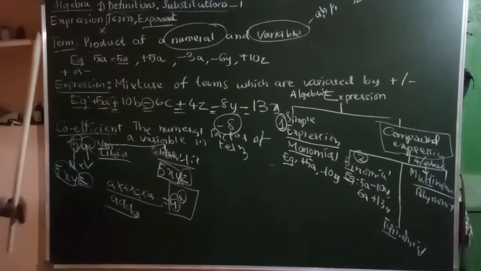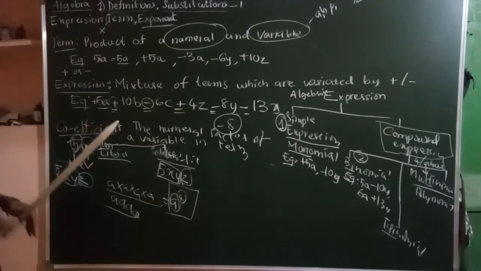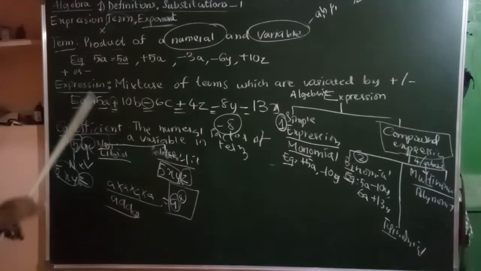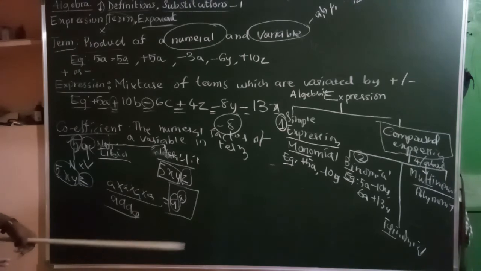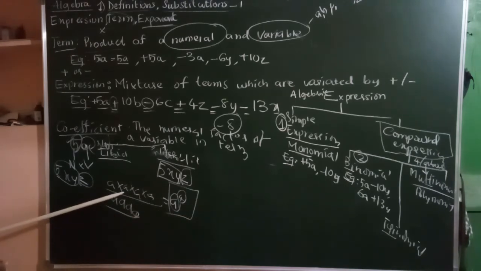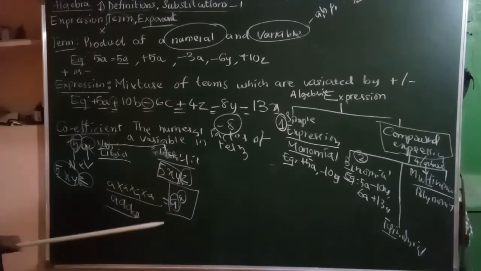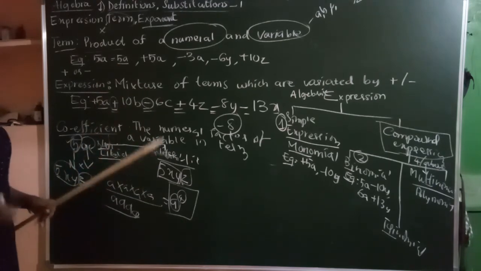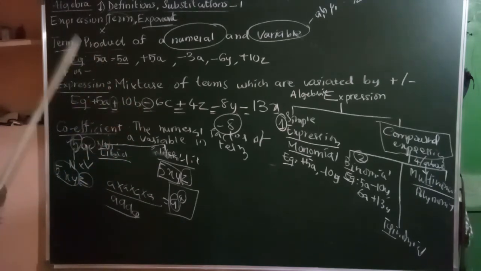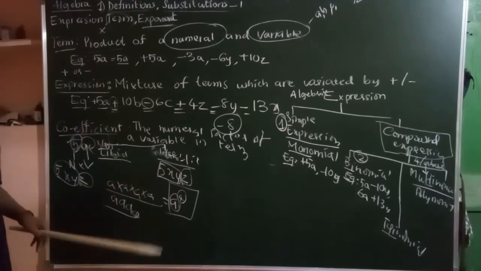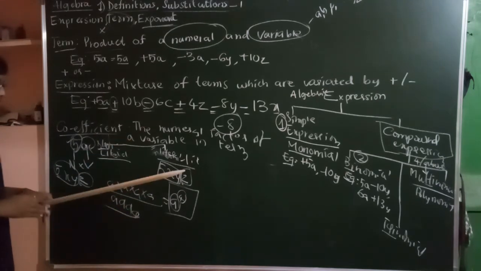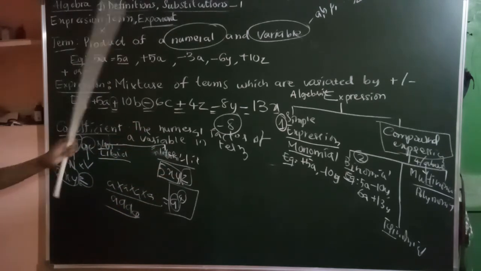The variable or number which we are multiplying is known as the base. How many times we multiply it becomes the exponent. This is what is called the exponent.